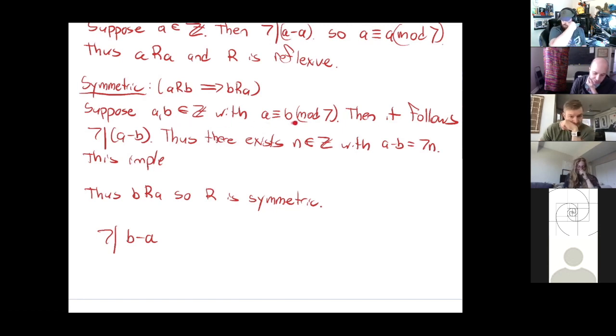And by assuming that they're related, that means we're assuming 7 divides A minus B. So if 7 divides A minus B, that means A minus B can be written as 7 times some integer. And what I'd like to say is that when we flip these around, they're still related. So in other words, 7 should divide B minus A, and that's going to be enough to prove that therefore B is congruent to A mod 7.